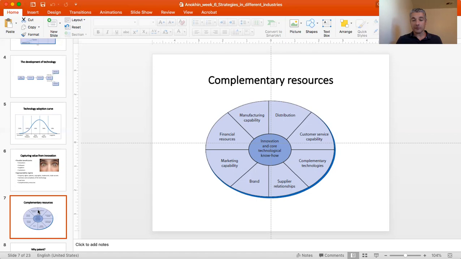They have marketing capability and advertising. They sort of pick up where biotech companies leave off. And that works well for both parties. But again, industries such as these are few and far between.